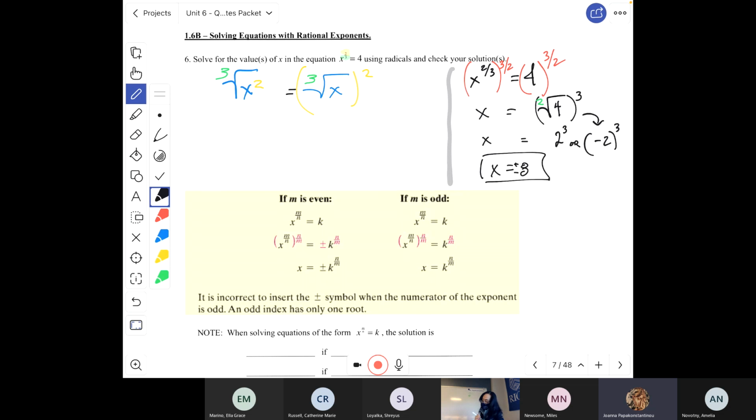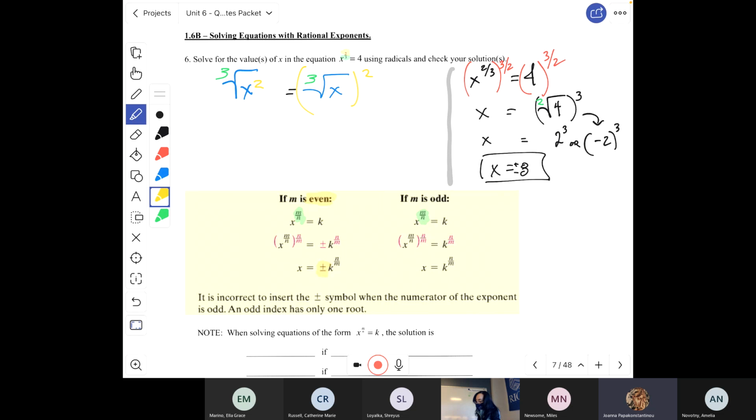So again, we want to pay attention to our root index. Our root index, which is kind of a part of that rational exponent, makes a difference. Because if the numerator of that rational exponent is even, we have to take into consideration plus or minus.